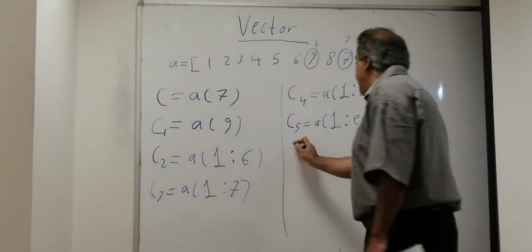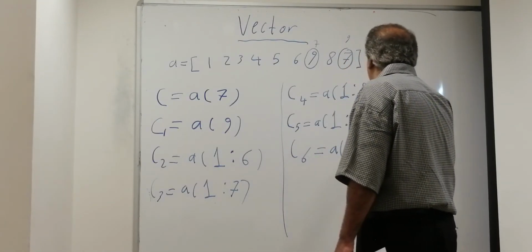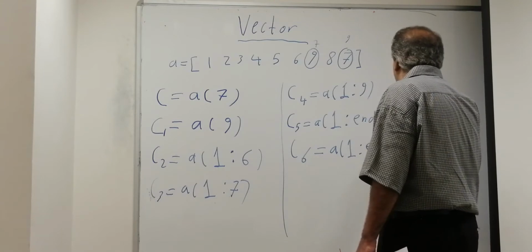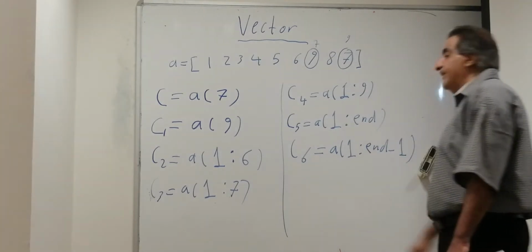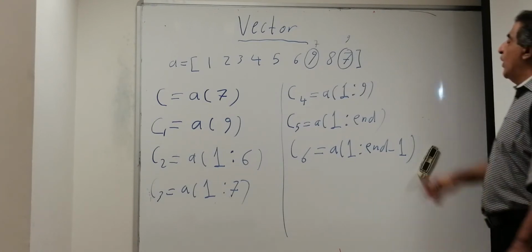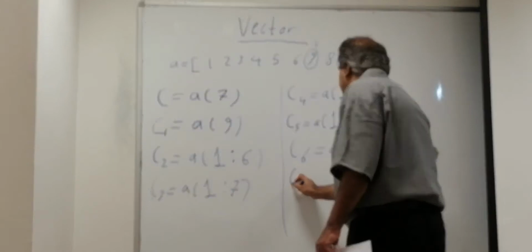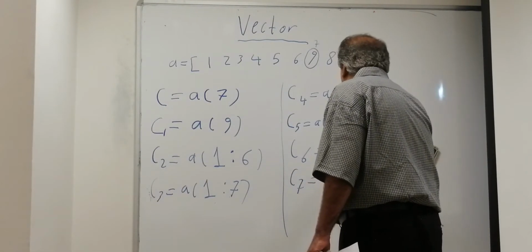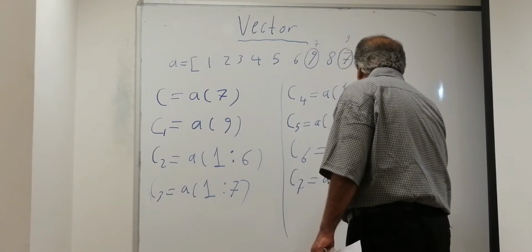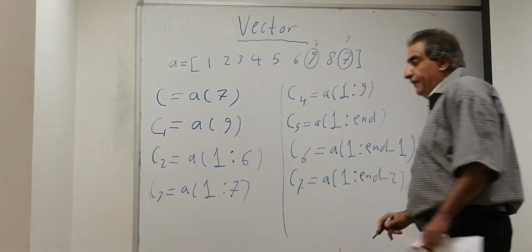I can say C6 equal A(1:n-1). If I want to call all the numbers except the last two, I say C7 equal A(1:n-2).